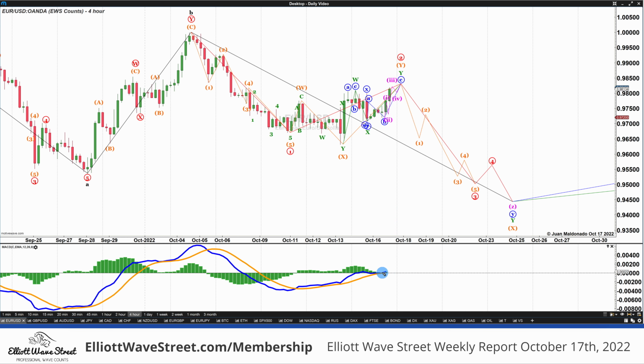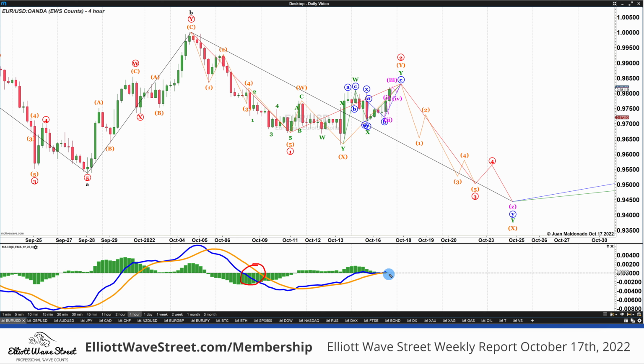With momentum indicators, we can combine what we are seeing in the price action with the indicator to understand what's going on. So first of all, in the MACD, look on the left how the MACD and the signal line were able to cross the zero line during this leg down. When we are in an impulse, usually we have that nice, pretty clean cross, in an impulse or in a deep corrective.